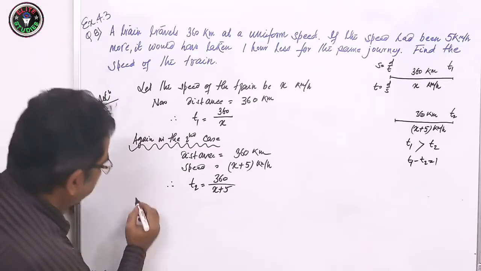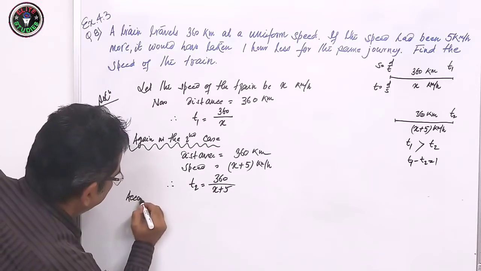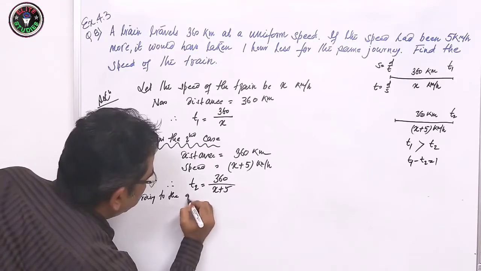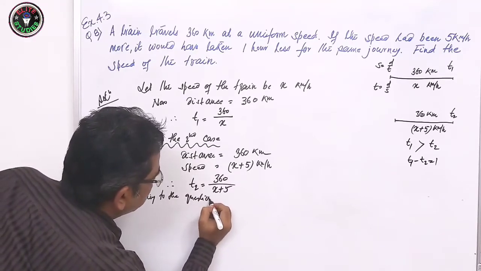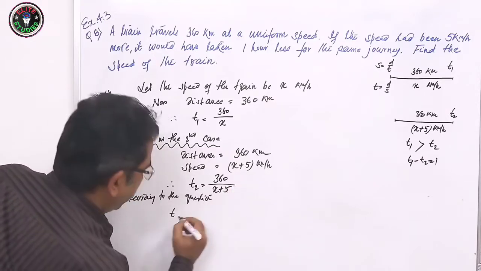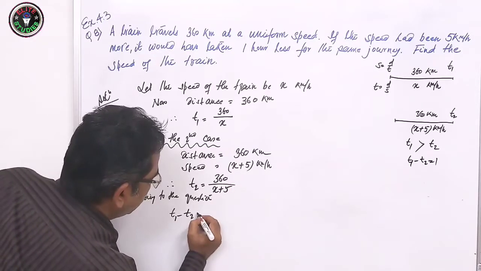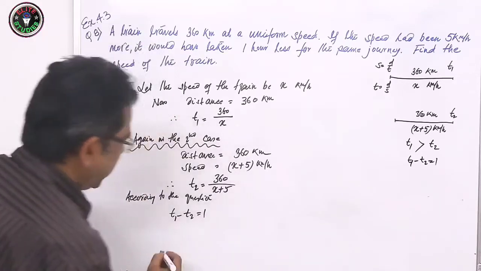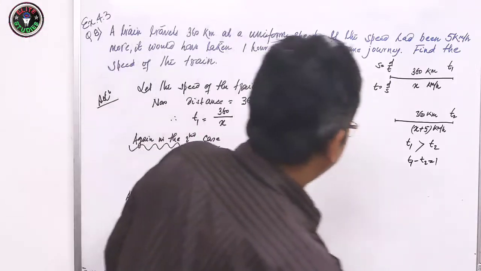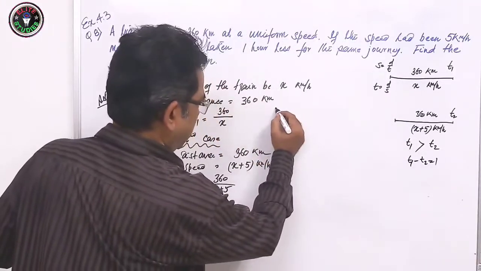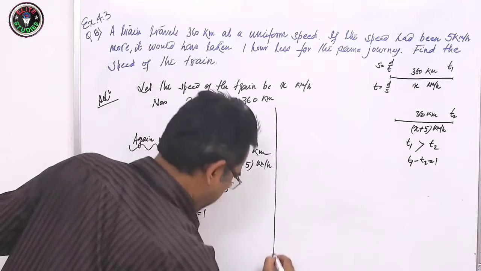Now, according to the question, t1 minus t2 is equal to 1. So what does this imply? Now we will solve it here.